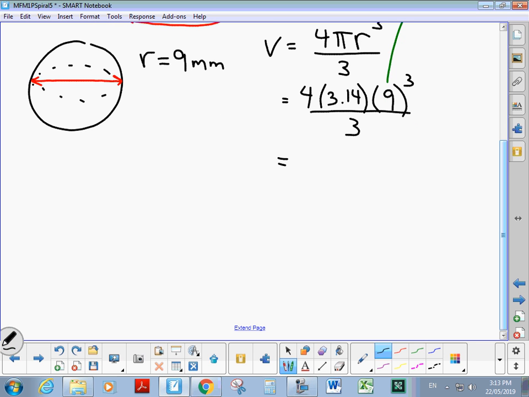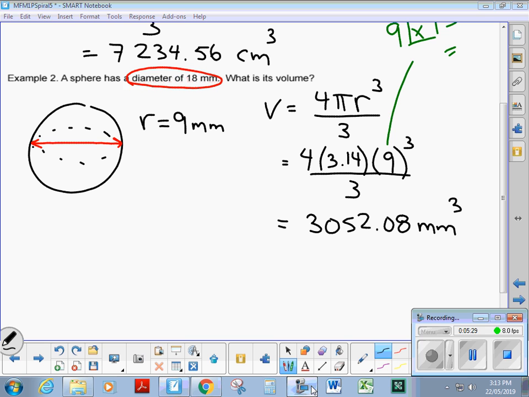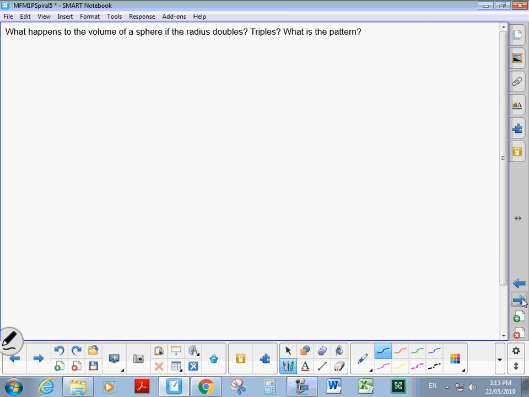If you're trying this on your own, you should get an answer of 3,052.08 cubic millimeters. Make sure you try this with the calculator, because this can be frustrating if you can't get the correct answer.